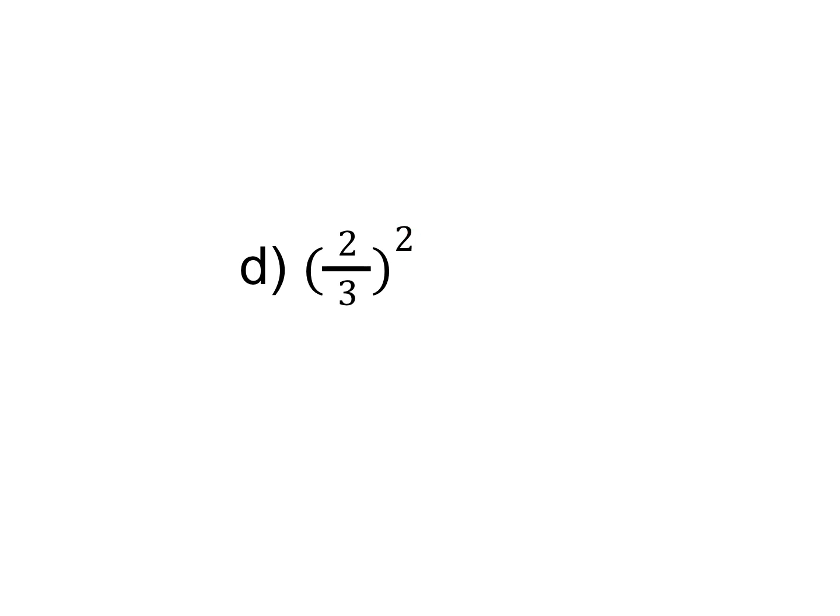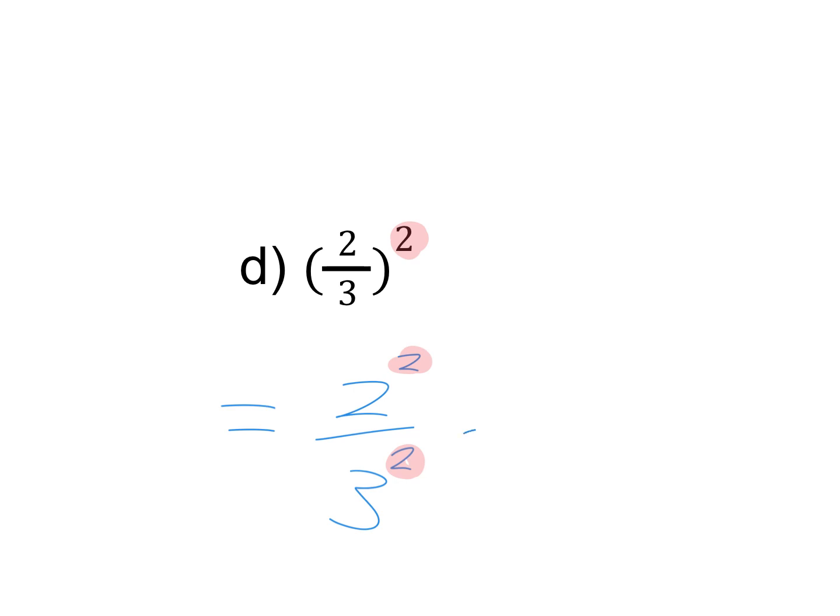So in other words, this becomes 2 to the power of 2 divided by 3 to the power of 2. So I have distributed this exponent to both my numerator and denominator because they're both inside the parenthesis.